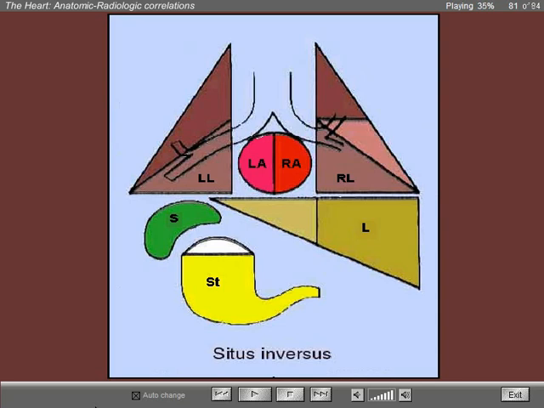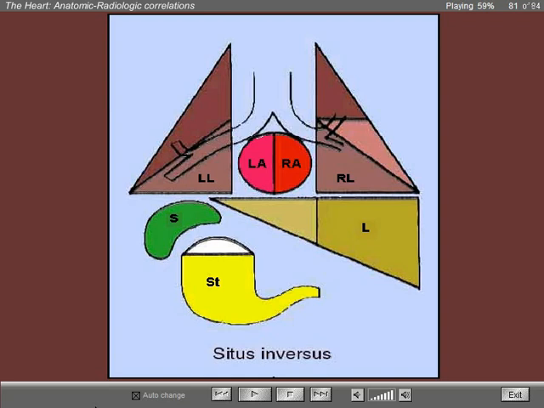we note that the trilobed lung represents, in this case, the left lung, and the right lung is a bilobed lung with a long right main bronchus. In such a situation, the liver is under the left hemidiaphragm, and the spleen and bubble of the stomach appear under the right hemidiaphragm. When this occurs, the right atrium is to the left of the left atrium.